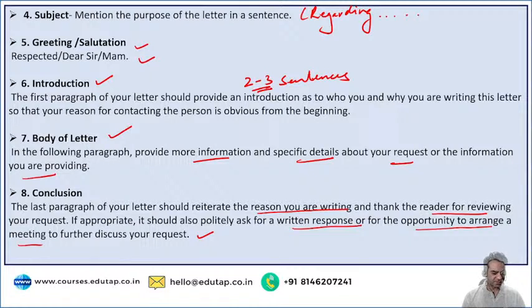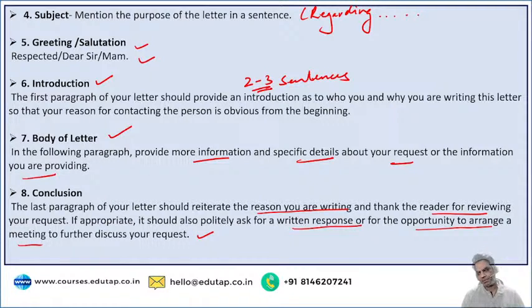That can be put in the body itself, when you are mentioning that for the required identification details, I've attached the necessary identification documents with the letter itself. Then after the conclusion and after the closing and after the name, you can mention the attachments of the letter.